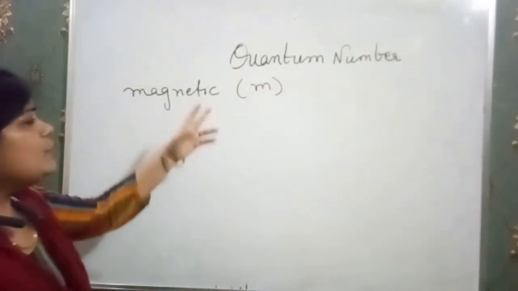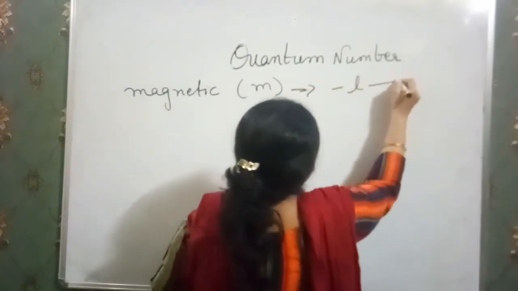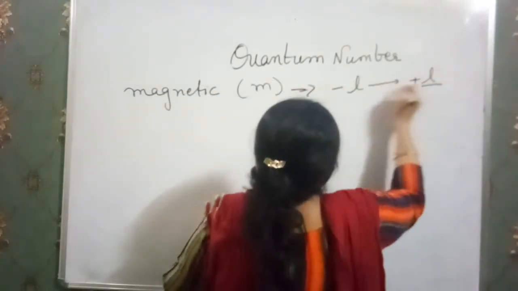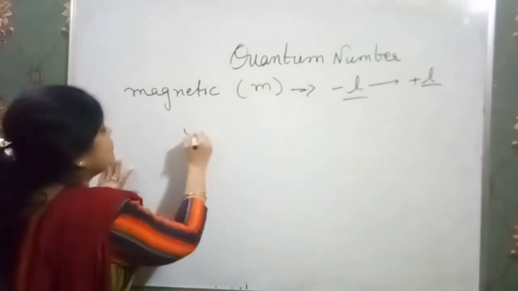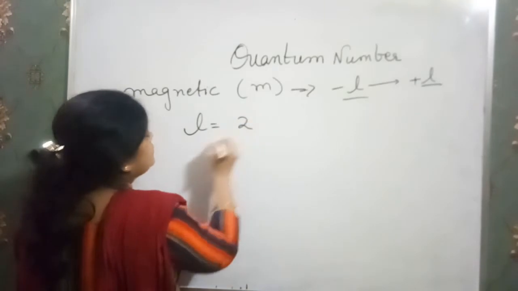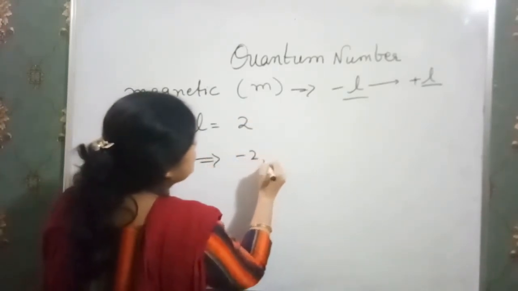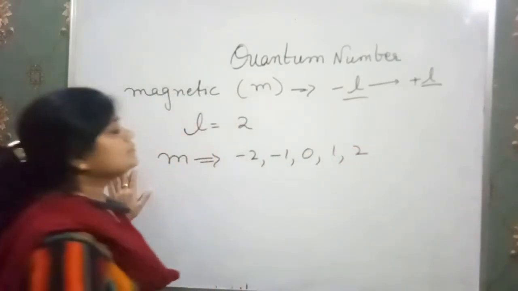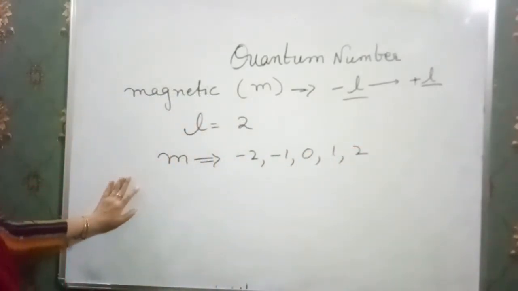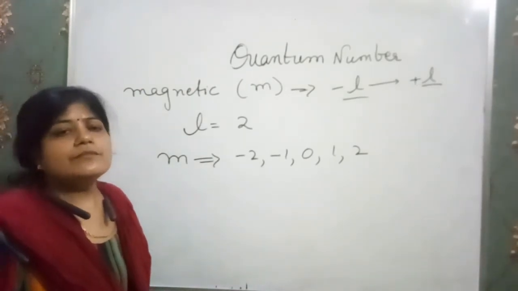The value for m is from minus l to plus l. Clear? For example, if the value for l is 2, then the values of m are minus 2, minus 1, 0, 1 and 2. In this way, we can find the values for magnetic quantum number.